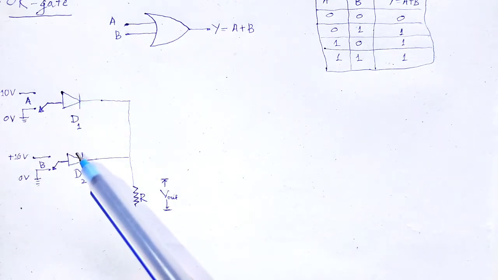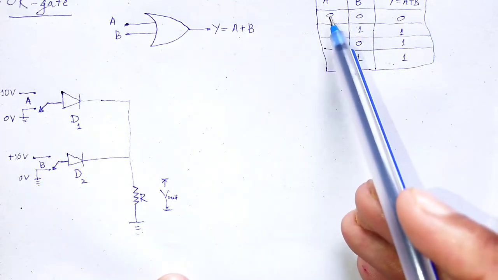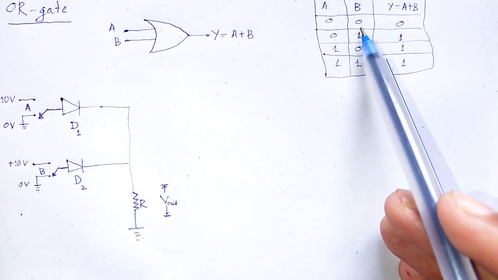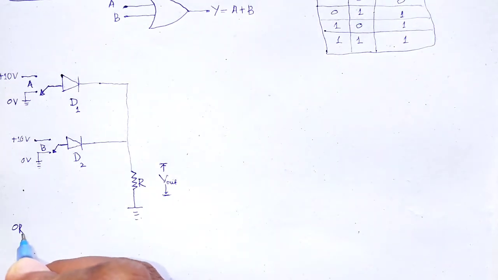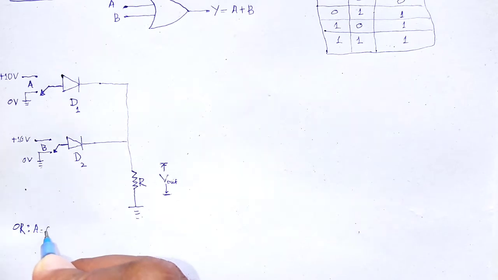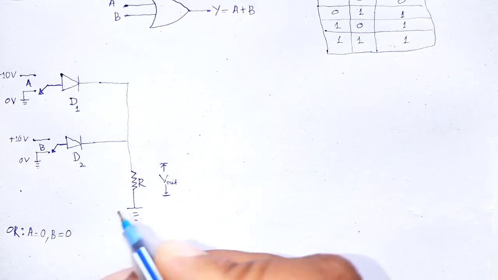We label the two inputs A and B, as A is equal to 0 and B is equal to 0. Here the OR gate is represented as A is equal to 0 and B is equal to 0.